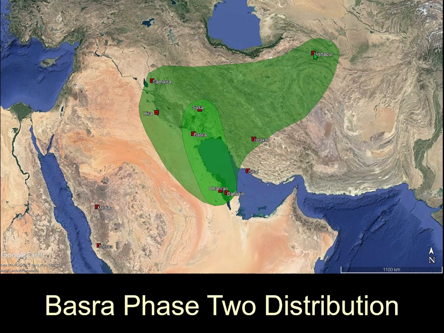Nishapur is also a very important city, again within the Basra-controlled area, as was Istakhr here. And so within these politically important areas, you might get some of this pottery. The trade network is widening, but it's not found everywhere. It's not found in every little port city around the world.